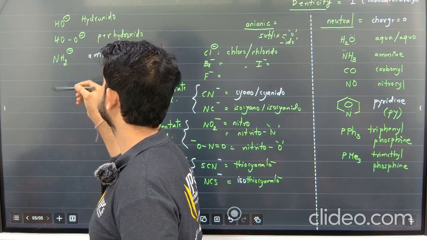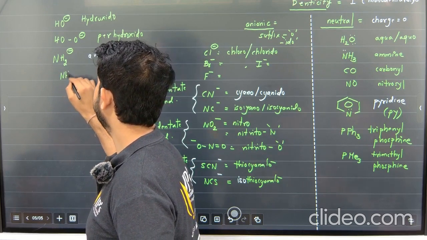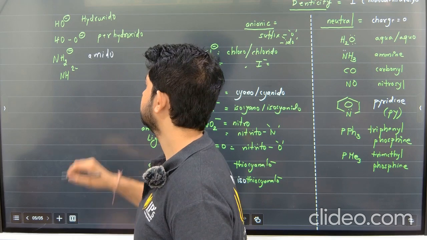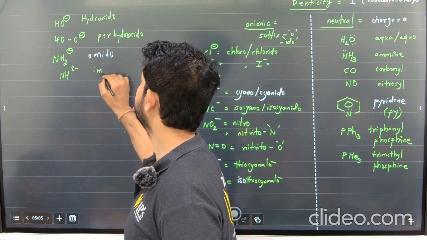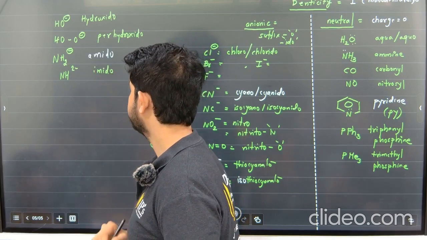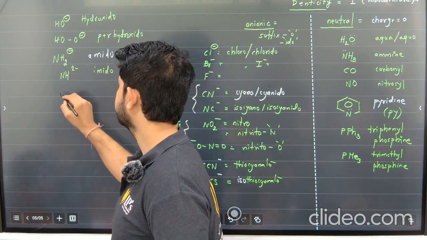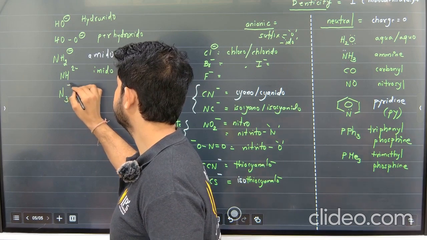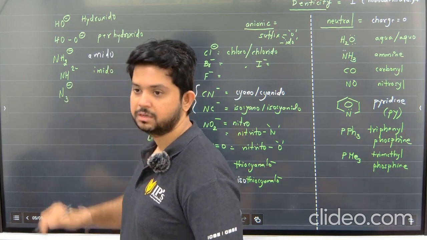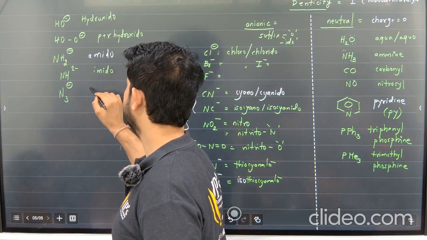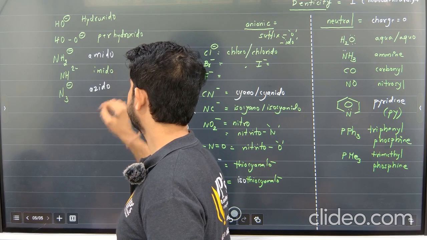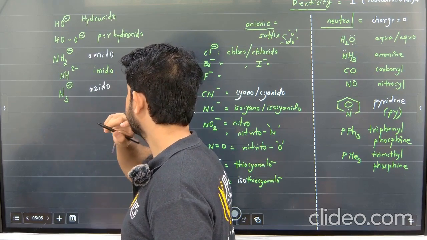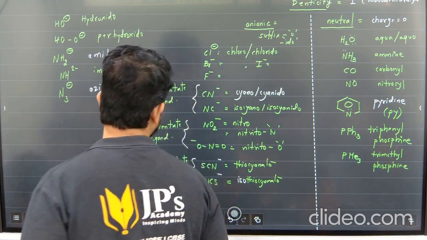Next, NH2 minus: imido. Next, N3 minus, excellent, azido.